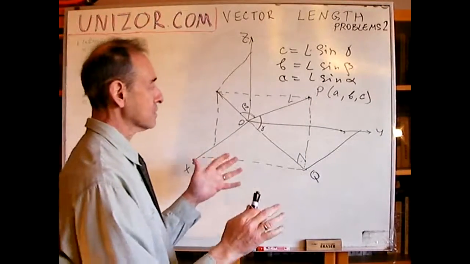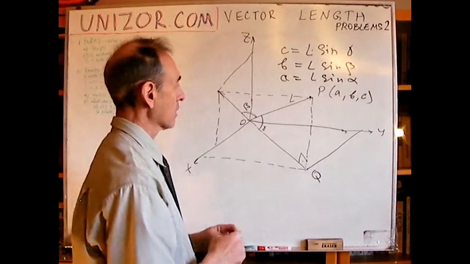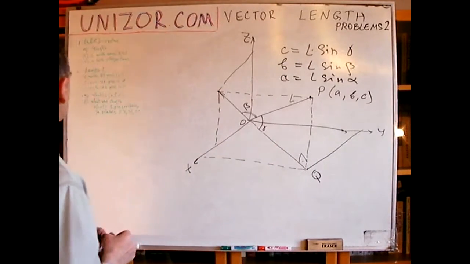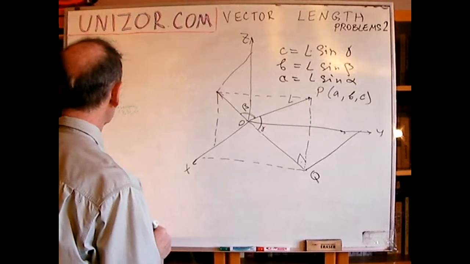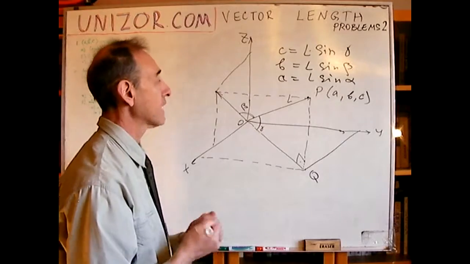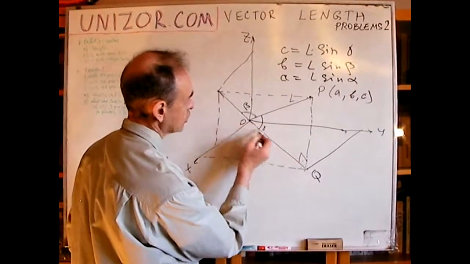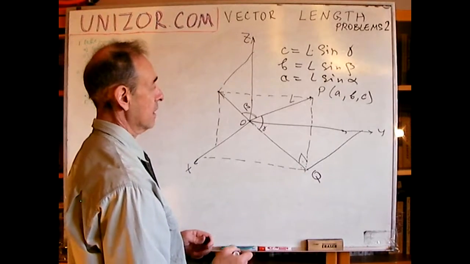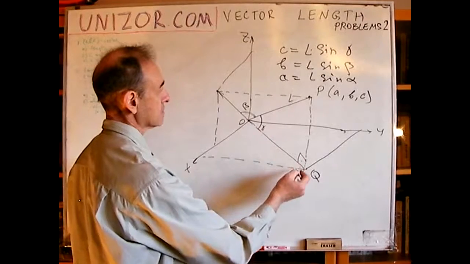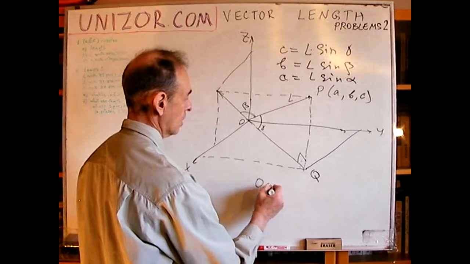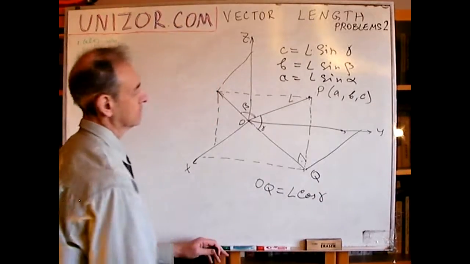So all you have to understand is how this spatial arrangement is working. All right, next. What are the lengths of the three projections on the planes? Now it's asking what are these lengths of projections, OQ for instance? Again, we know everything about this. So the projection OQ is equal to L cosine of gamma, right?